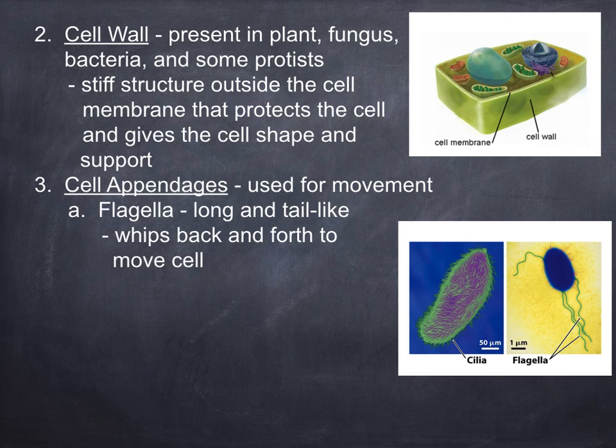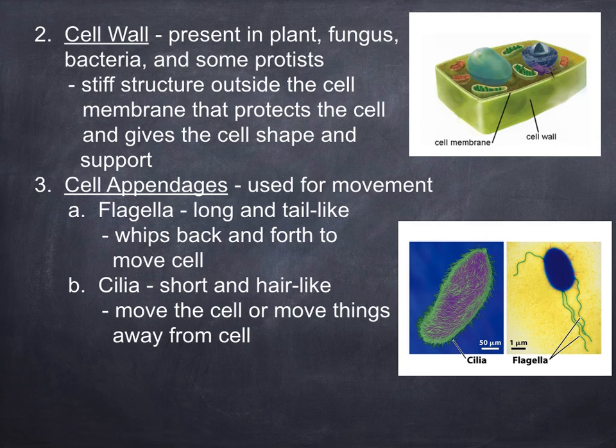So the flagella is a long and tail-like structure, so like these right here. And they whip back and forth to move the cell. So that's how the cell then gets moved along, because this flagella is whipping back and forth and moving that cell forward.